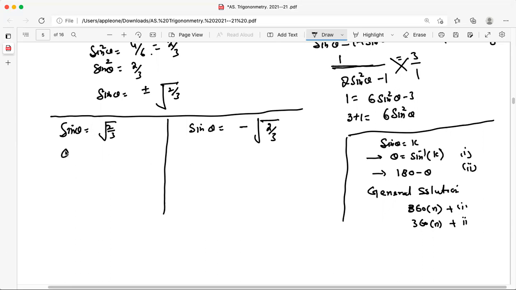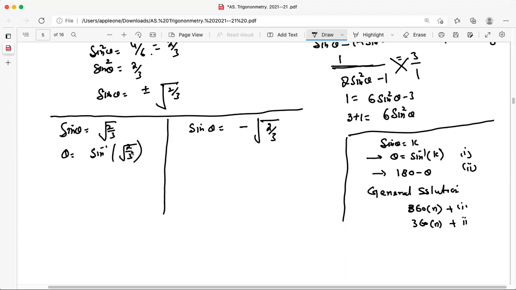Now see what I'm doing here. Theta is sine inverse of 2 over 3 radical sine. What's the answer here? Let's check it. Sine inverse of 2 over 3.